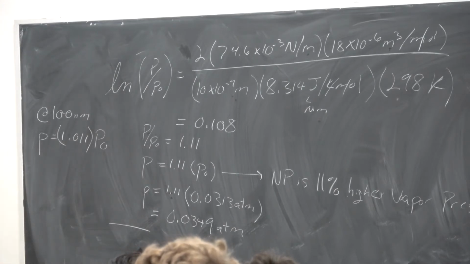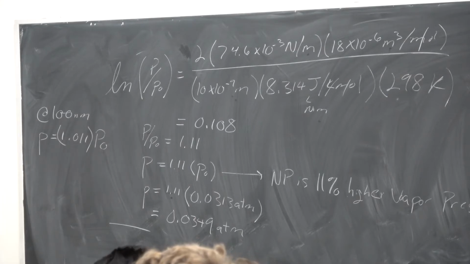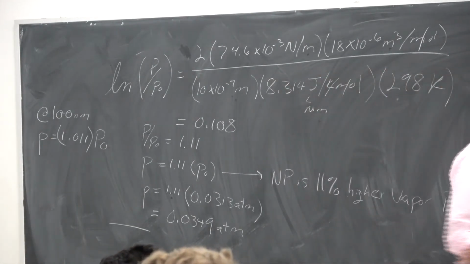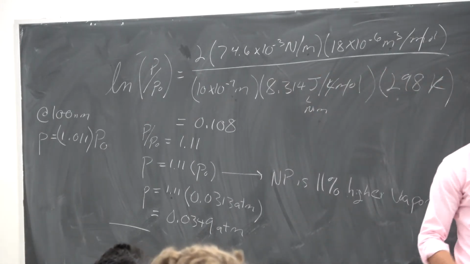Yeah. So intuitively, if we had a water droplet of radius 1 nanometer, would we see it being 100%? I think so, yeah. And is that a very stable system? Probably not, right? So that's why you're probably not going to see those very often.